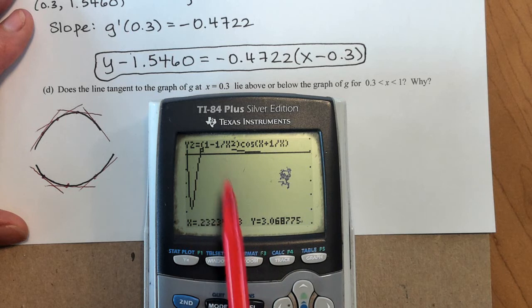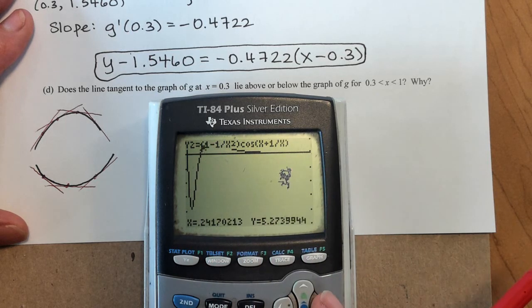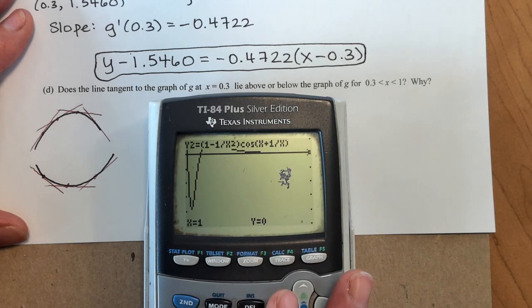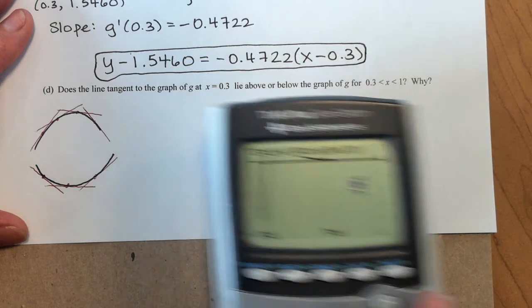So right there, x is 0.23. For all of this part of the graph, you can see the y values are above the x-axis, or the second derivative is positive for all of these values. You can see the second derivative is approaching 0, and I think when x is 1, we actually get 0. There we go. But for this interval, the second derivative is positive.